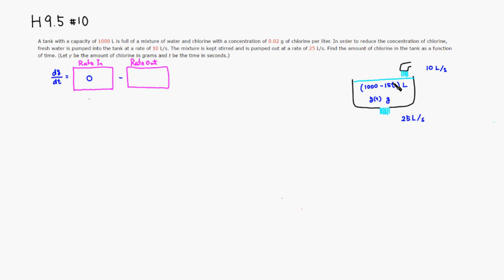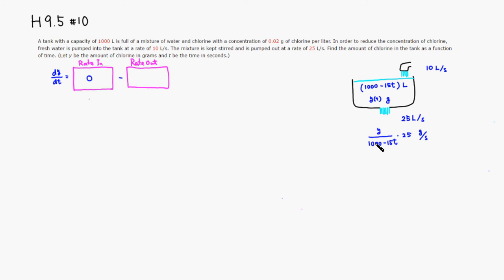The concentration is going to be y grams out of 1,000 minus 15t. Then we multiply by 25, with a minus sign, and that's in grams per second.